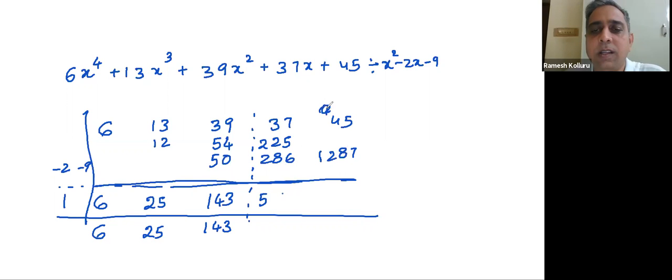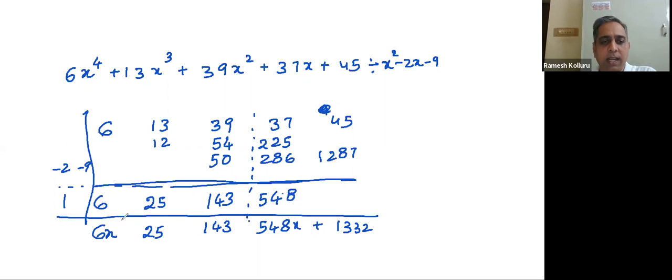Here you have to directly write it. So here our number is 548, right? 548x plus 1287 plus 45 is 1332. Okay. So here x square plus x plus this thing.